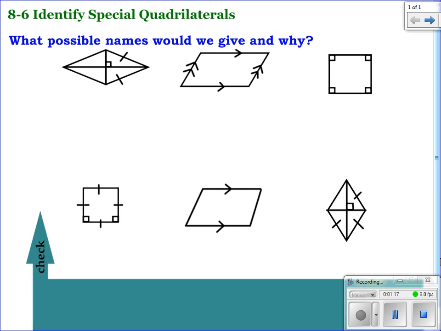Let's get a list. What are all of the options? Parallelogram. What else? There's 2 more.